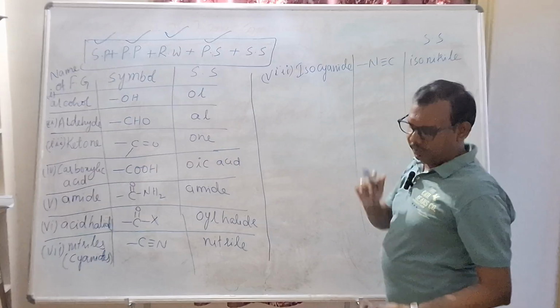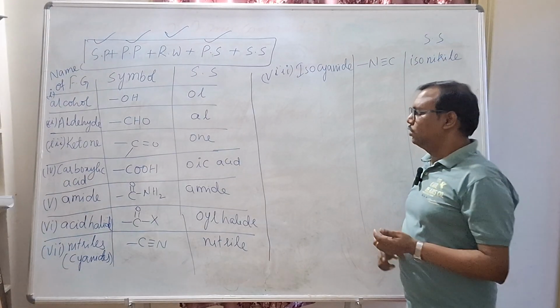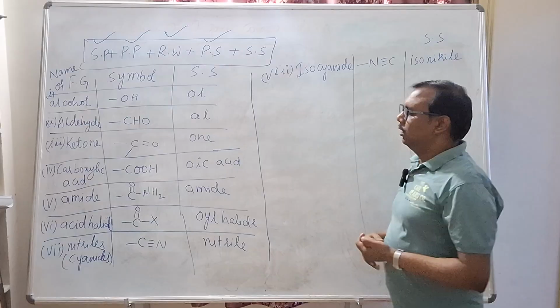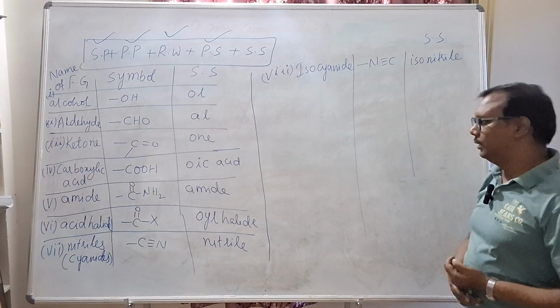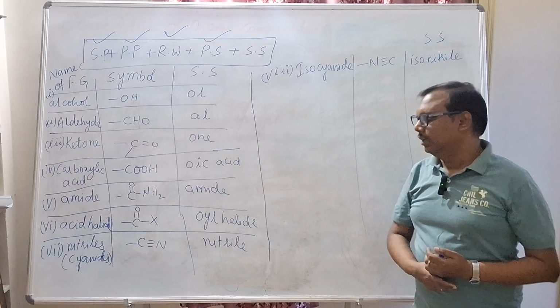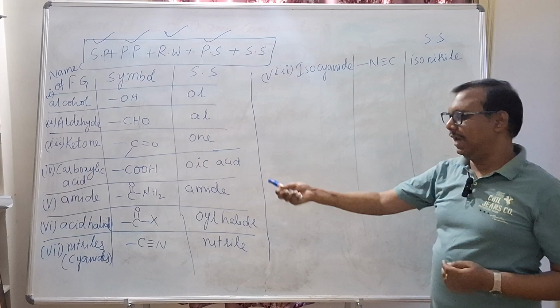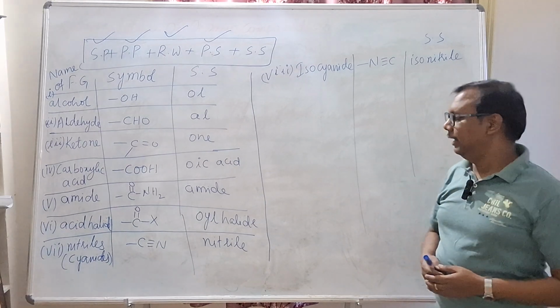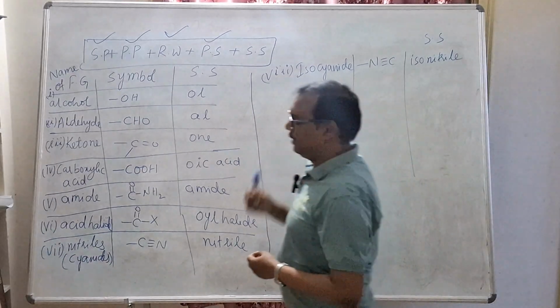Here we have alcohols, ketones, aldehydes, carboxylic acids, amides, acid halides, nitriles, and isonitriles.